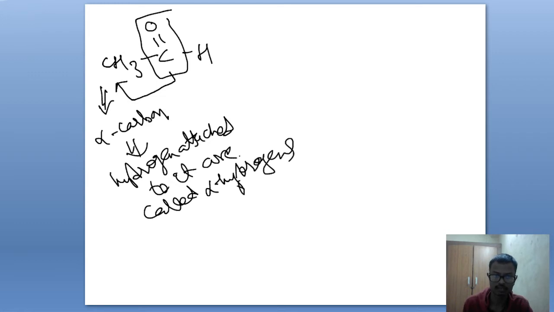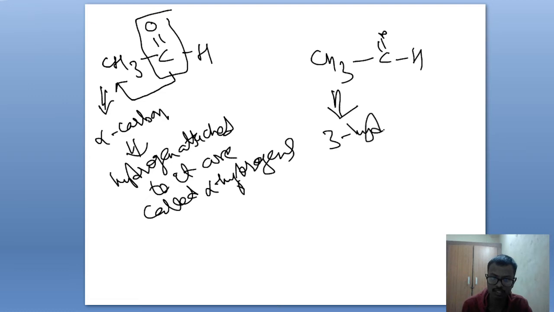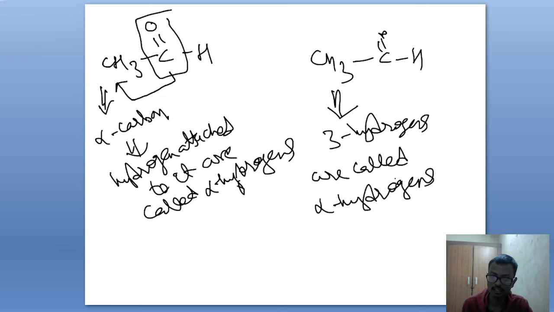That means these three hydrogens are called alpha hydrogens. Why are these alpha hydrogens? Because they are attached to the alpha carbon. And why are we saying this is an alpha carbon?